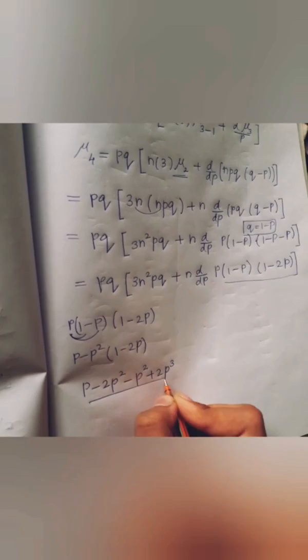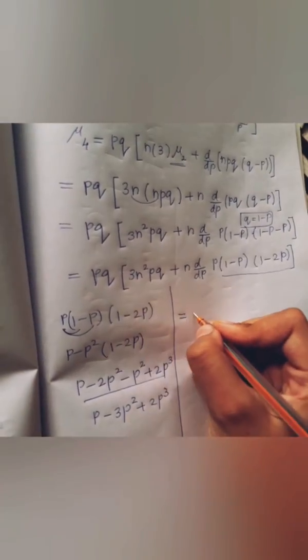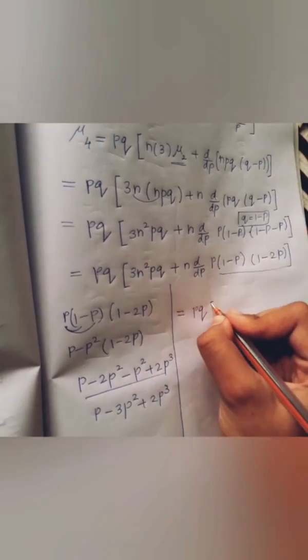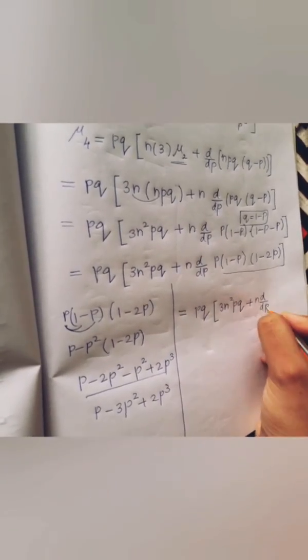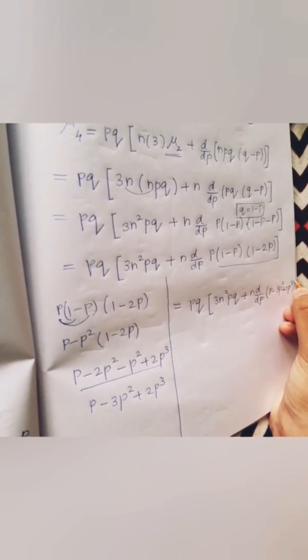We are multiplying p first, p minus p square, then 1 minus 2p. We are multiplying again, it becomes p minus 2p square minus p square plus 2p cube, so that it becomes p minus 3p square plus 2p cube. We are substituting there, it is equal to pq into 3n square pq plus n into d by dp into p minus 3p square plus 2p cube.